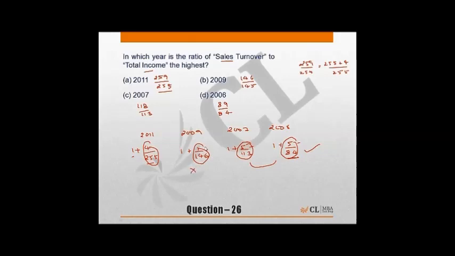This is definitely incorrect. 1 by 146 will definitely be smaller than 5 by 254, and similarly for this one. Okay. The correct answer is choice G. So please remember, whenever there is a huge amount of data, the numbers are difficult, your task is to approximate as we did in this question, and we solve the question with that level of approximation only. Let's move to the next question.